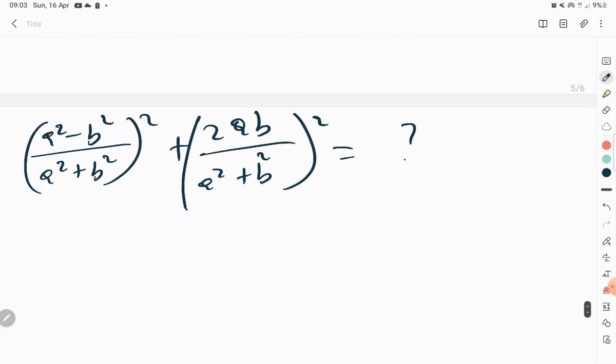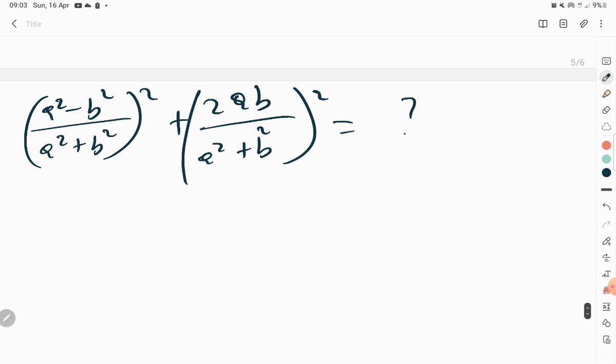In the numerator, we are expanding these now.